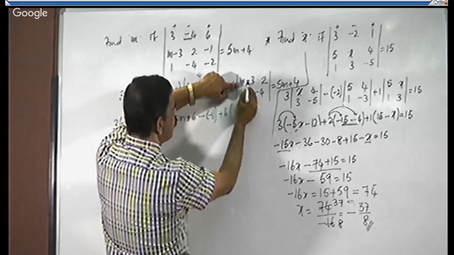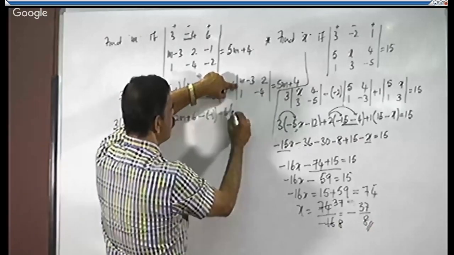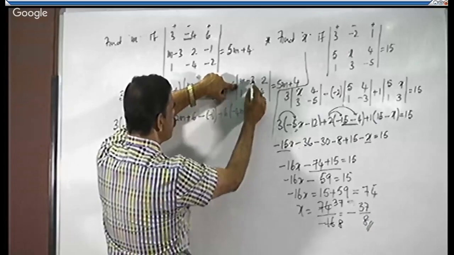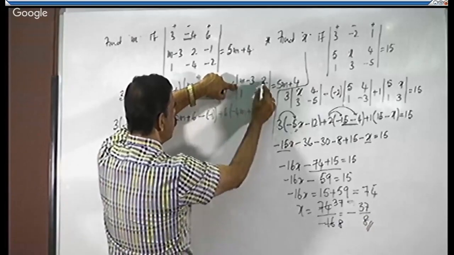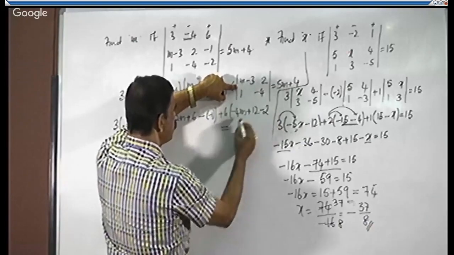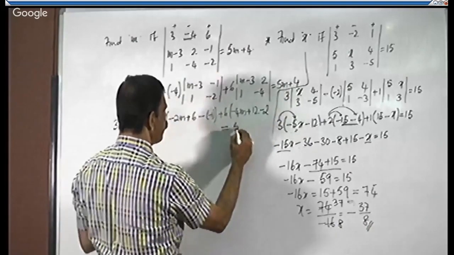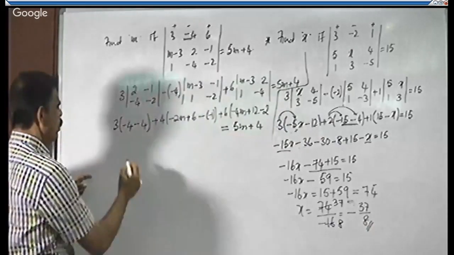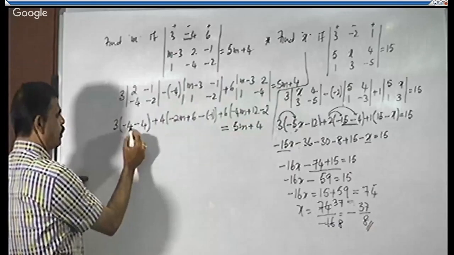again, product of principal diagonal elements. Minus 4m, minus into minus plus, 4 3s are 12, minus, formula minus 1 into 2 is 2, is equal to, the right side term is what? 5m plus 4. Minus 4, minus 4, it is minus 8.